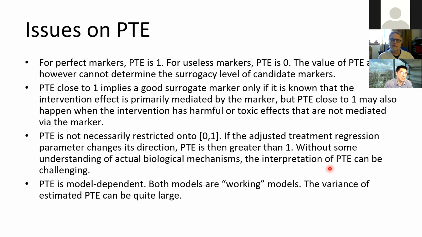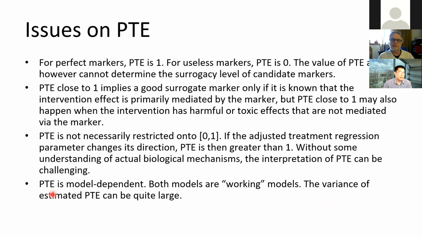Without some understanding of the actual biological mechanism, the interpretation of PTE can be quite challenging. But nonetheless, PTE offers a measure of the percentage of differences of regression parameters associated with the biomarker.